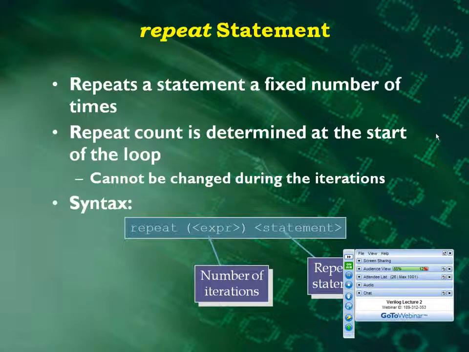So repeat. Repeat repeats a statement a fixed number of times, and the repeat count is determined at the start of the loop, and it cannot be changed during the iterations. Here's the syntax: repeat, some expression for the number of iterations, and then a statement. Of course, it could be a compound statement with a begin and end.